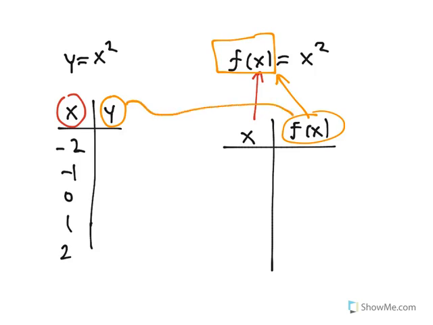It's the same as y. So both tables will have the same output values, but you just have to understand that in function notation, f of x is the output. So negative 2 squared is 4, negative 1 squared is 1, 0 squared is 0, 1 squared is 1, and 2 squared is 4.